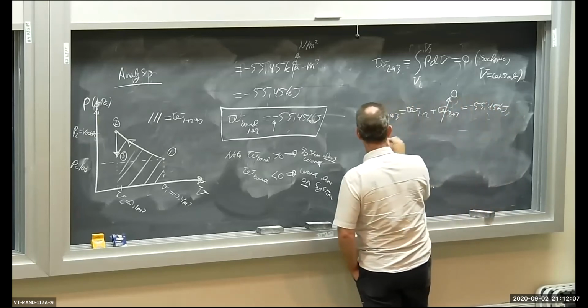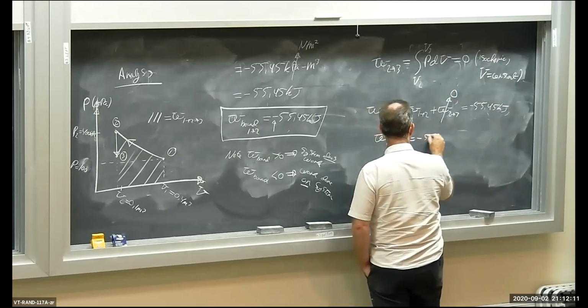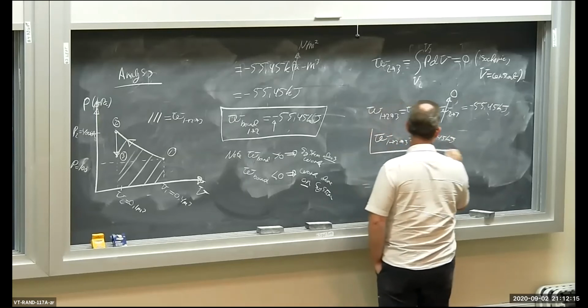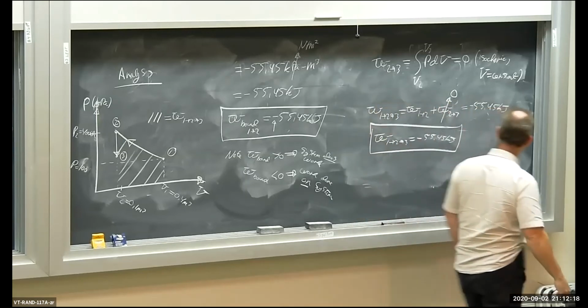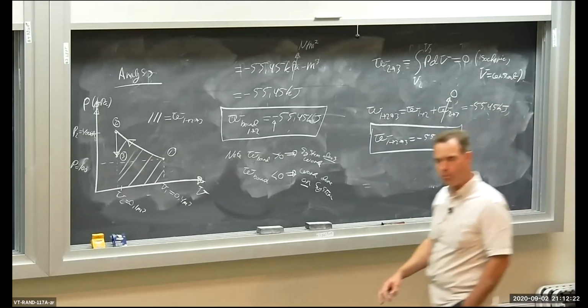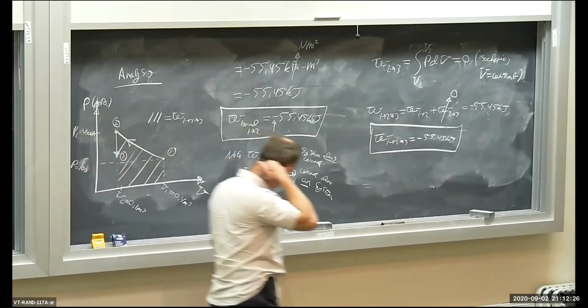So boundary work 1 to 2 to 3 is negative 55.45 kilojoules. Box it up. All right?